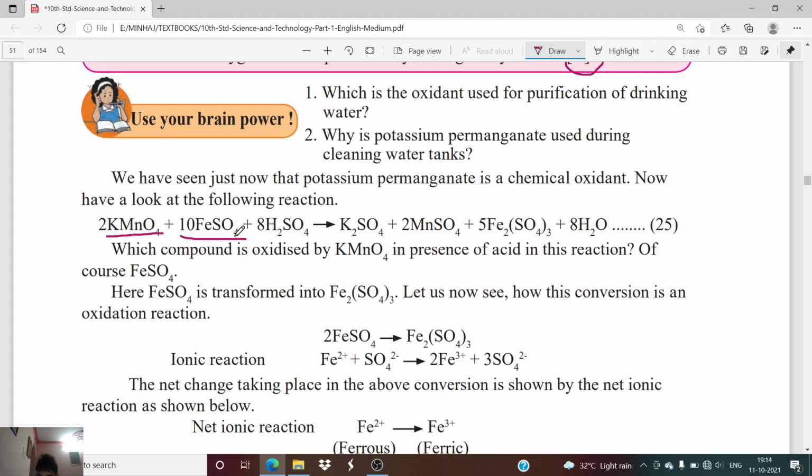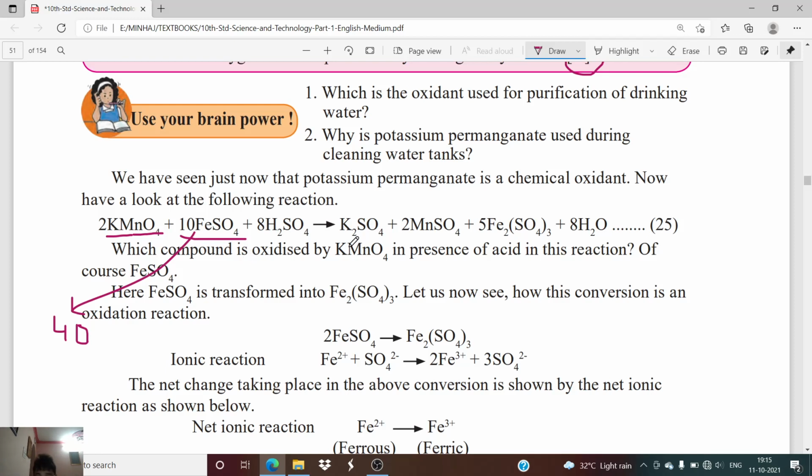Here you can see on the reactant side the number of oxygen atoms. How many oxygen atoms are there in 10 molecules of ferrous sulfate? There are 40 oxygen atoms. 10 fours are 40.